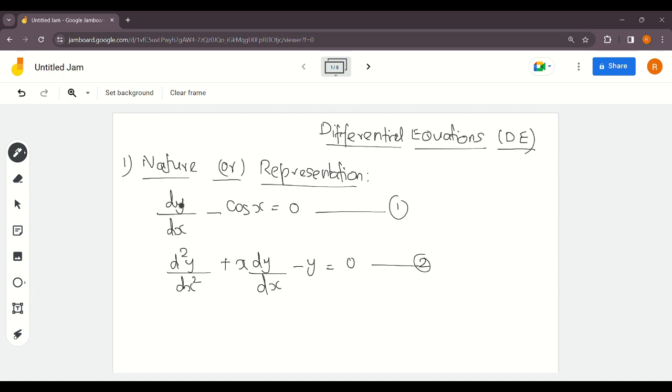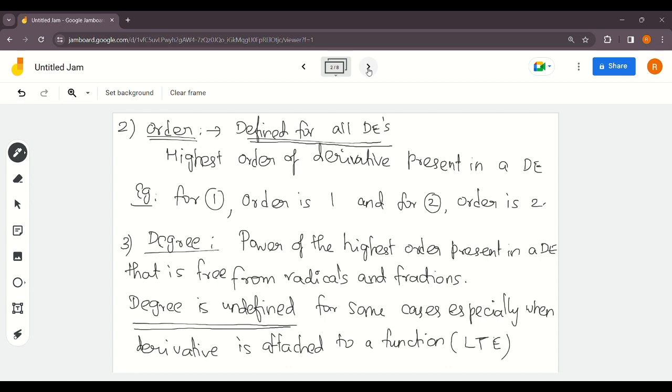So order for this differential equation is 1, whereas for equation 2 the highest order is 2, so it is of second order. So that's what I have written. For equation 1 order is 1, and for equation 2 order is 2. The definition is highest order of derivative present in a differential equation.